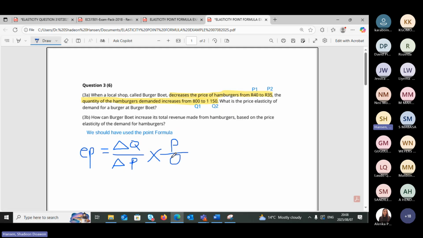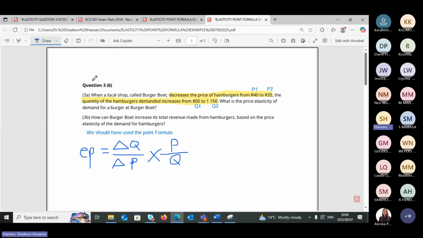Now, students, in this example, using the point formula, if you get a question like this, you can see that this was an old paper from 2017.